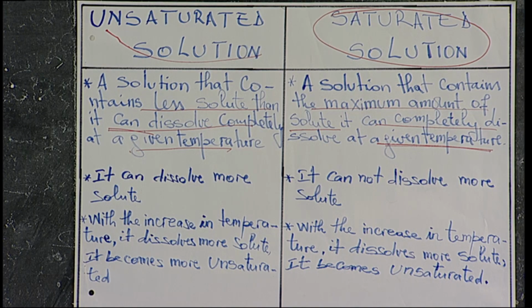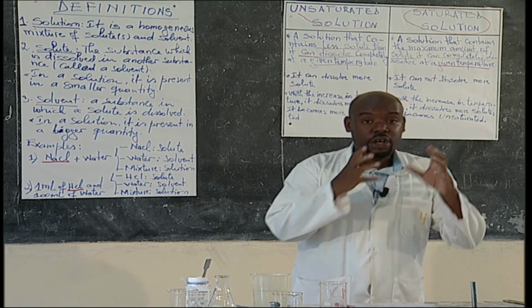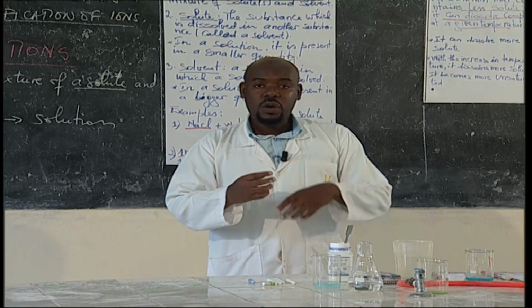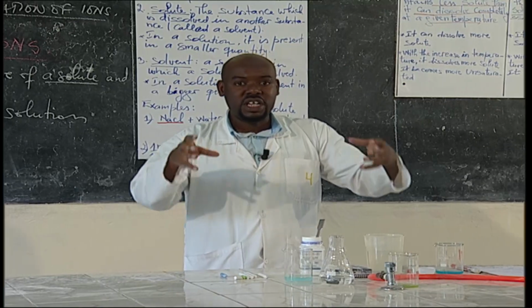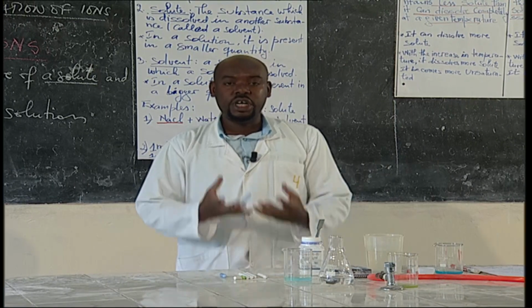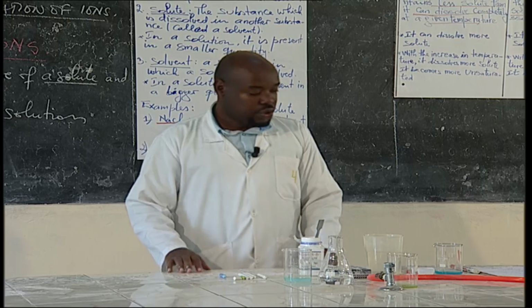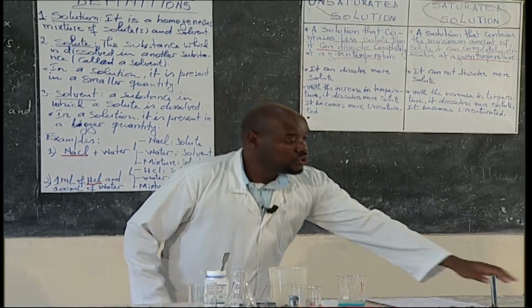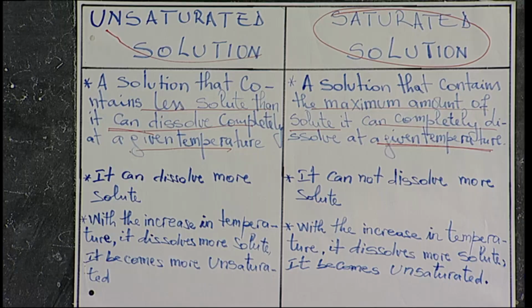Normally, when you increase temperature, you favor the dissolution of more solute. More solid can dissolve in a solution if you increase temperature. So, what is unsaturated? The solution which is unsaturated can dissolve more solute. It will do so even when you increase temperature. That is something very clear.